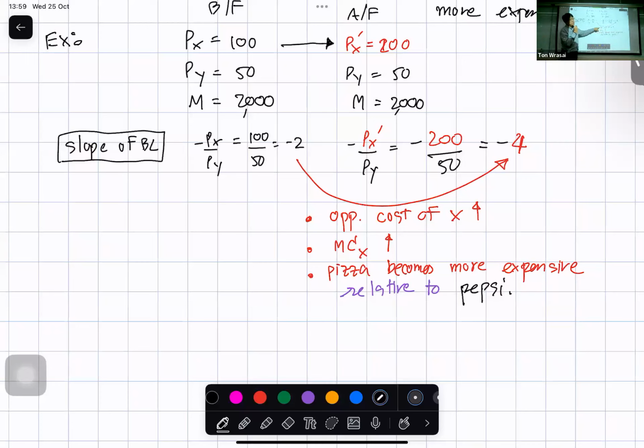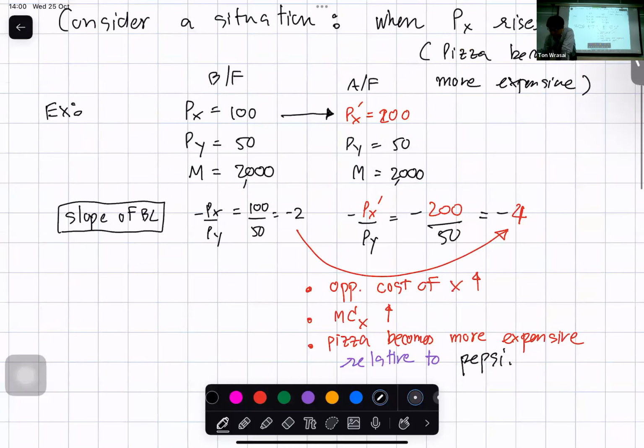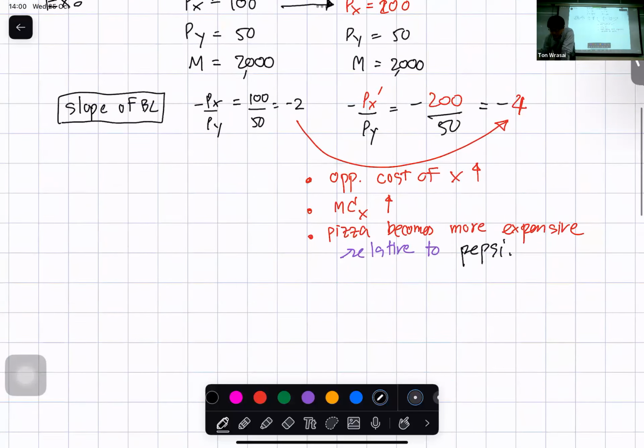This is mathematical language: the slope of the budget line changes. When we transform this finding to the picture, we must see that the new budget line must be steeper because this magnitude increases. Let's check then.